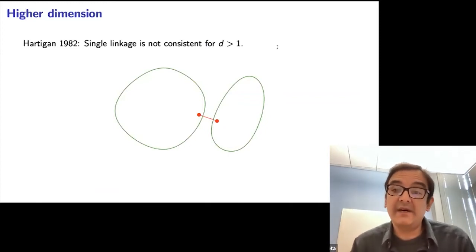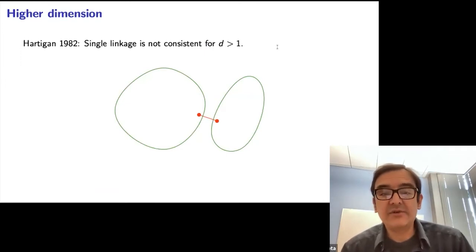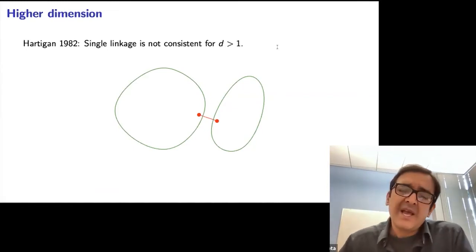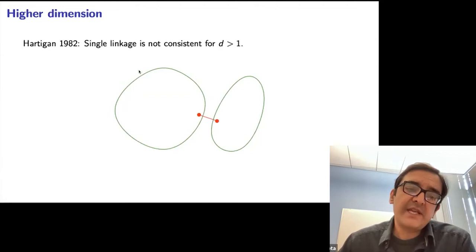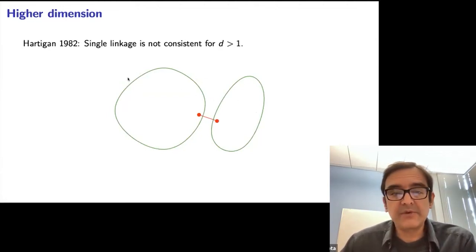A few years later, Hartigan showed, by a reduction to continuum percolation, that for any dimension more than one, you lose consistency. And the problem is, let's say you have two large clusters like these that are high density regions. What we need is for the clusters themselves to individually get fully connected before any sort of bridge is built between them.